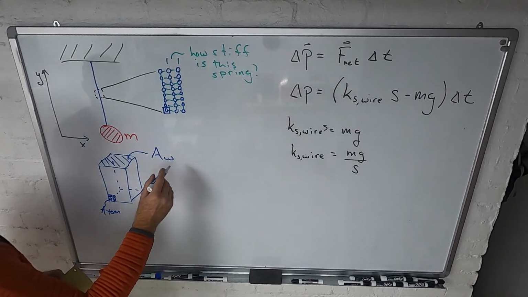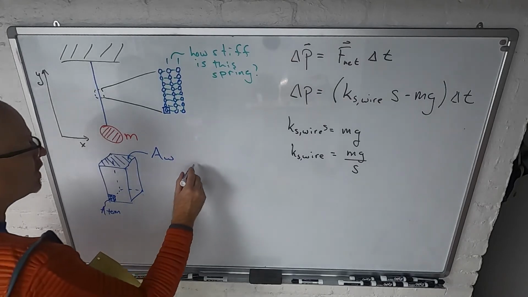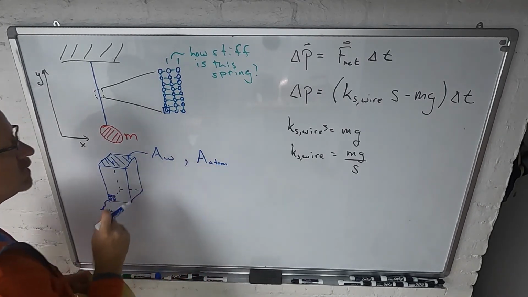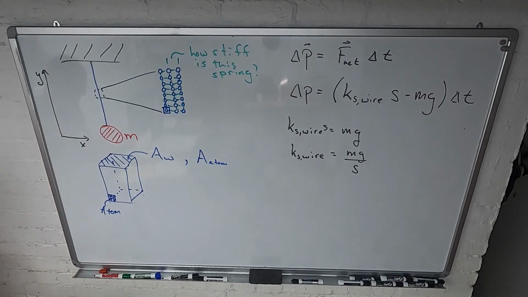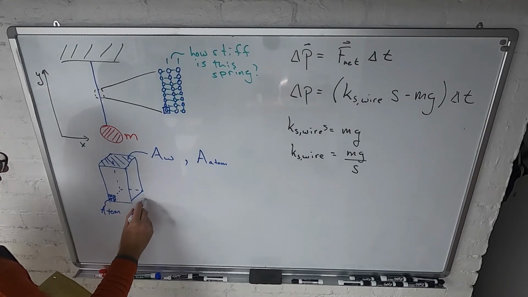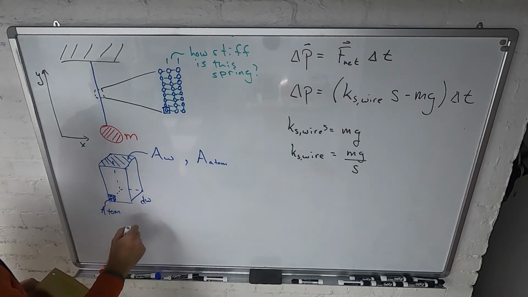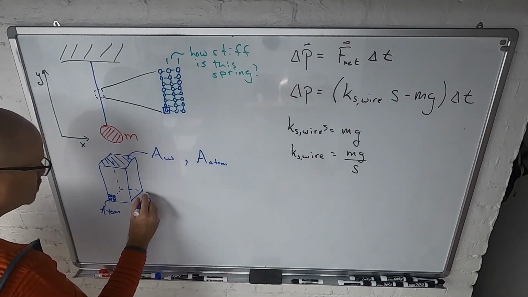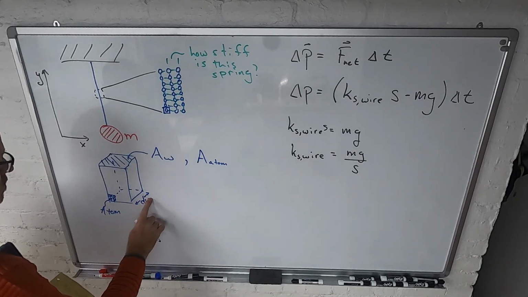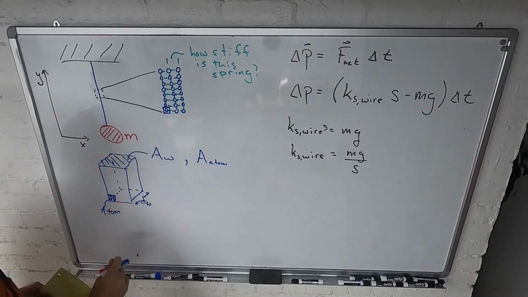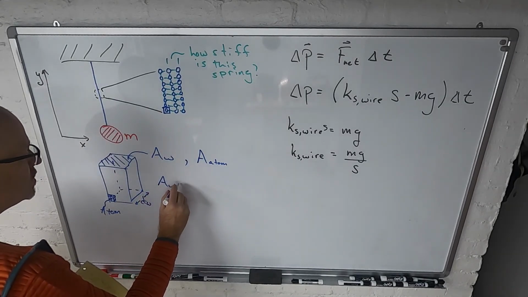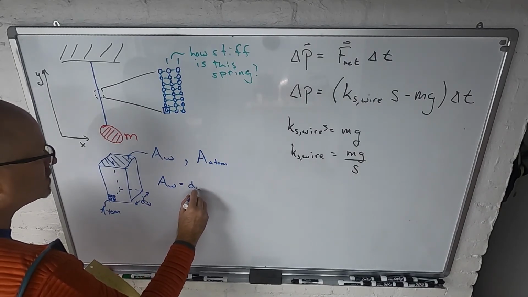And so it's going to have the cross-sectional area given by A atom. So I have two cross-sectional areas. And so I'm going to call this D of the wire, this dimension. It's a square wire, D sub W. And A sub W is equal to D sub W squared.